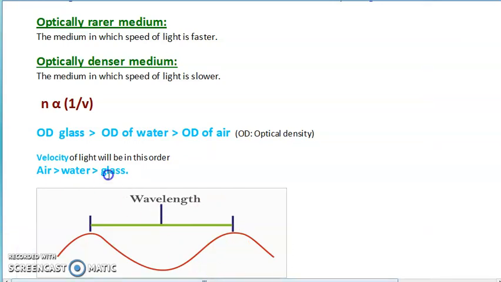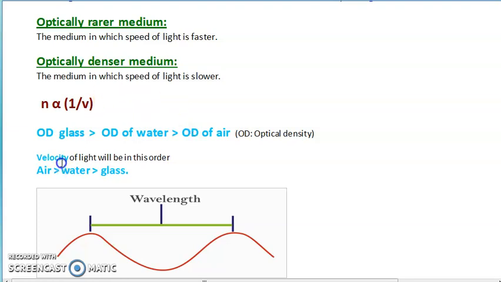For glass, the optical density will be more, which means glass is an optically denser medium in which the speed of the light will be slower. Next, the optical density of water will be lower than glass and higher than air, and the optical density of air is much lower than glass and water.